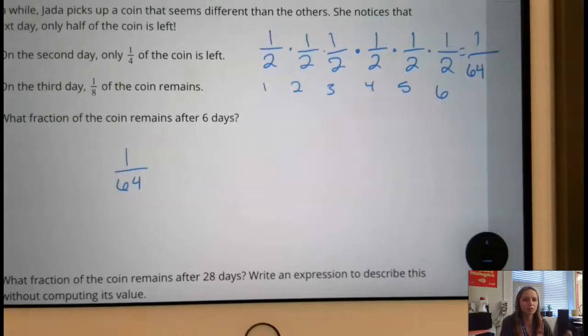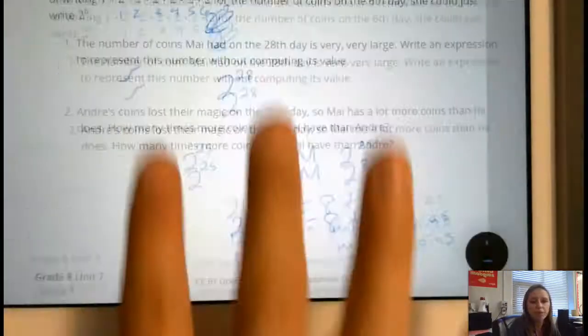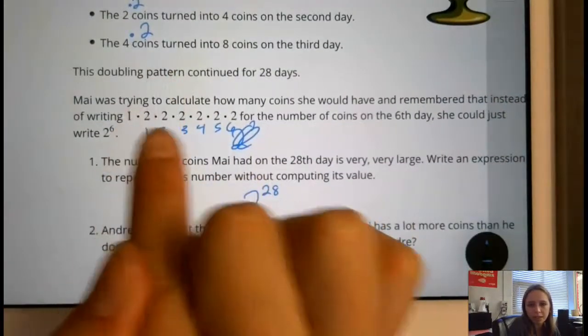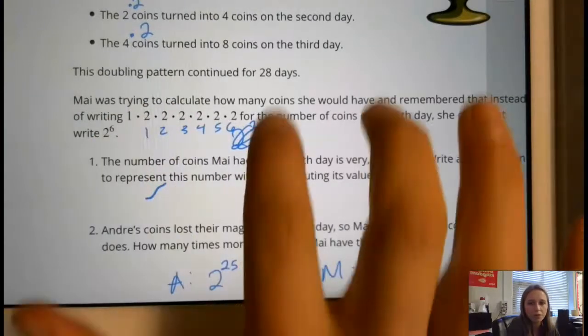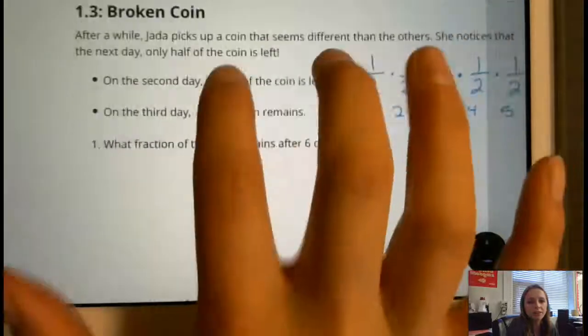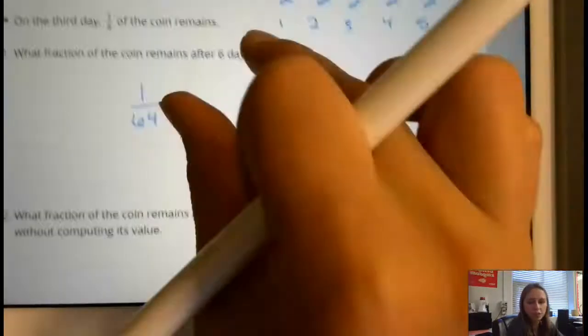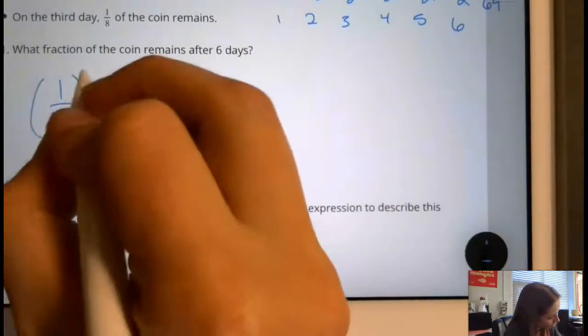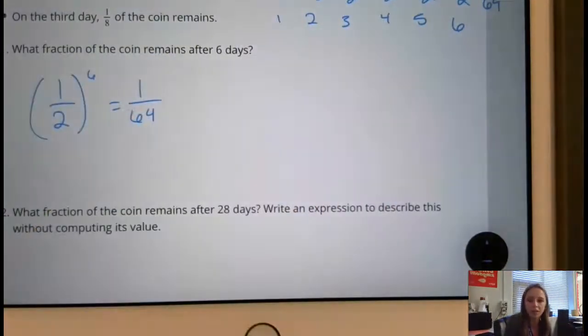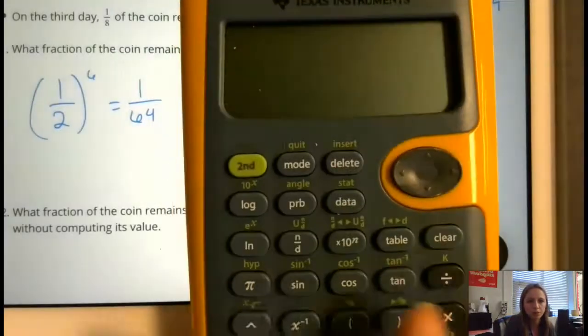Now let's think about, if we wrote this out this way, there's probably another way we could write this as well. So up above here, when we had 6 2's times itself, we were able to write 2 to the 6th power. So we have 6 1/2s. So what we can do is have 1/2 to the 6th power, and we would get 1/64.